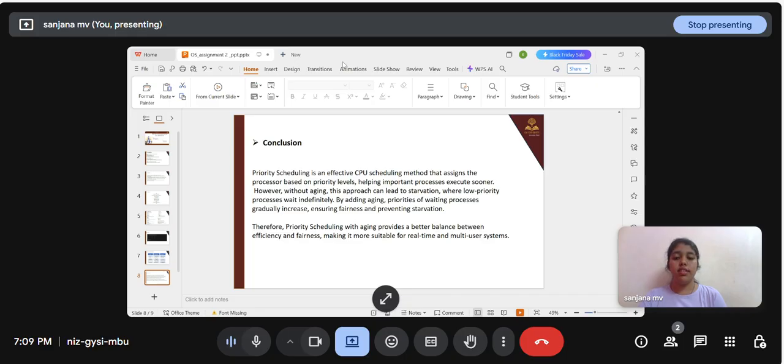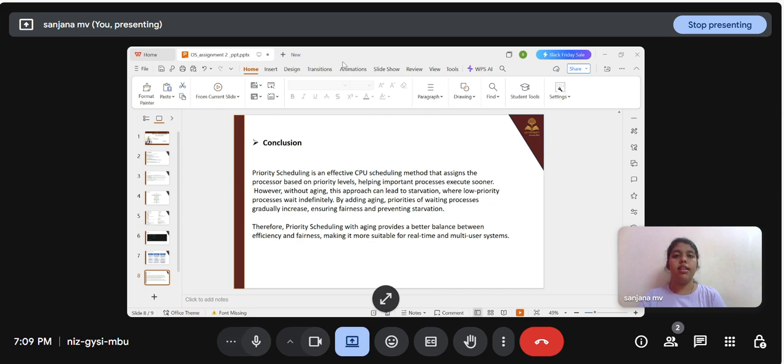Based on these results, we can conclude that priority scheduling with aging is more suitable for real-time systems, multi-user environments and long running programs where fairness is important. It provides an efficient, practical, and balanced scheduling solution and ensures that no process waits indefinitely.